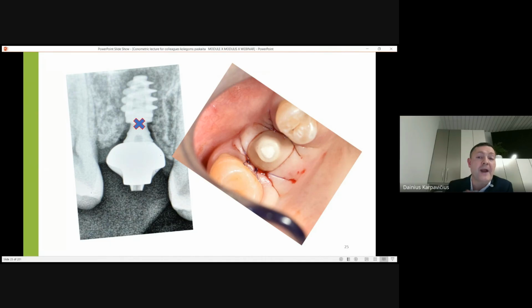If we find good primary stability of the implant and we are sure that during these couple of months of osseointegration this implant will survive. If we are not very sure, we can suture this implant and after a couple of months open it, then put on the primary abutment, put on the gingiva former, and then continue to prosthetics.